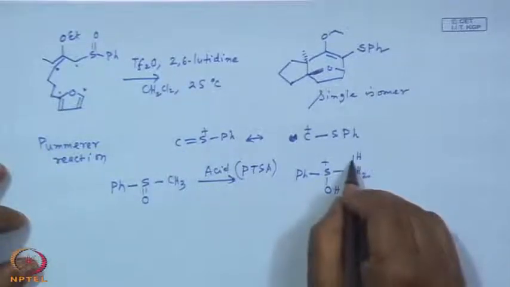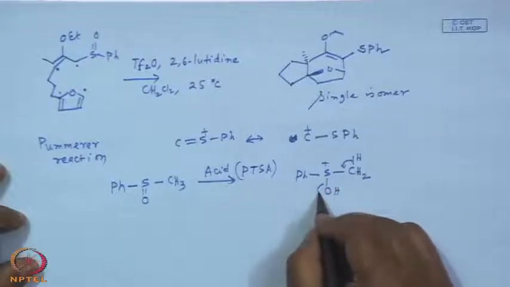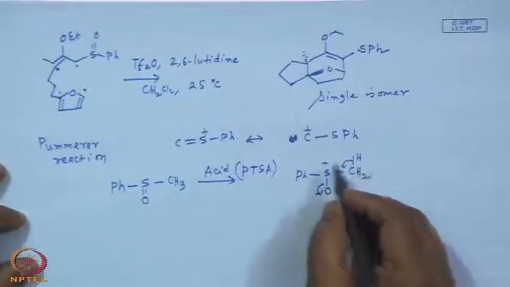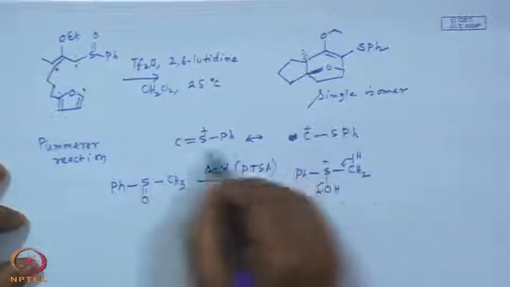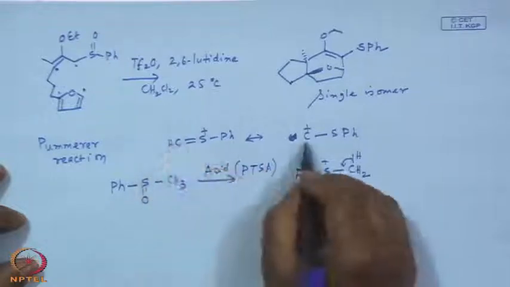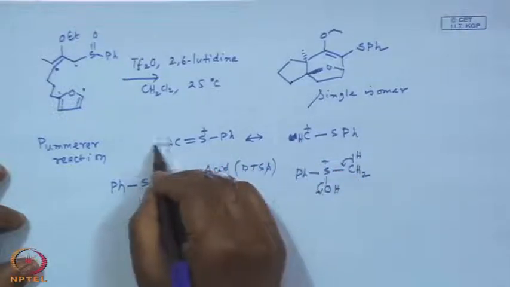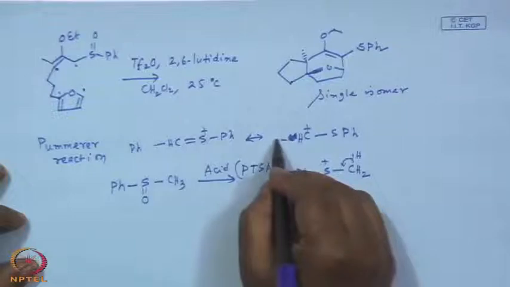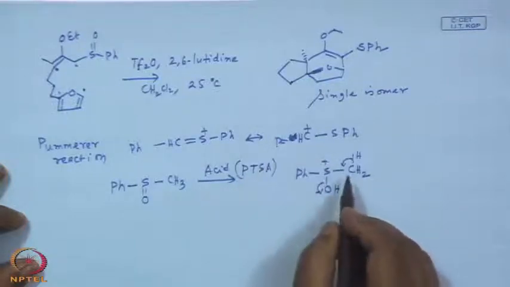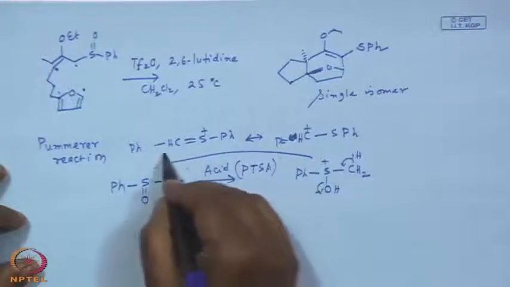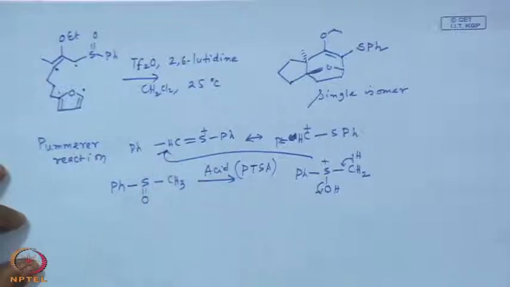Now there is a loss of water. So, if you lose water, what you will find? This should be CH, as in the previous example, Ph here, Ph here. If you lose water, it eventually forms a sulfenium ion kind of species.